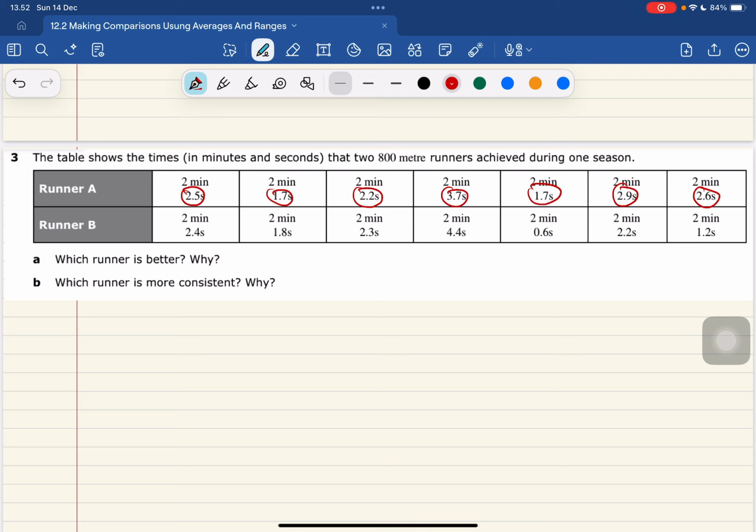They got 17.3, and divide by 7 for runner A. So this is going to be 2.47 seconds, the mean.